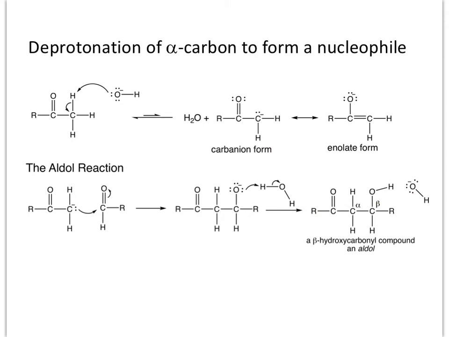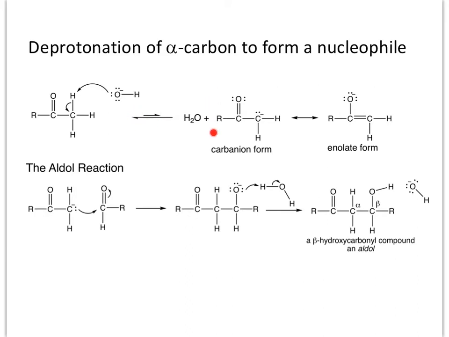So, if we look at this, this is a strong enough acid that we can use a base like the hydroxide ion to deprotonate it, and we get water. Now note, water is still a stronger acid than the hydrogen next to a carbonyl. And so the equilibrium for this reaction lies toward this direction.